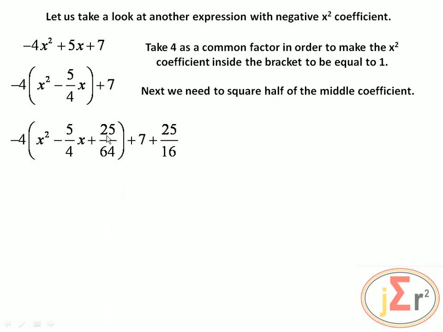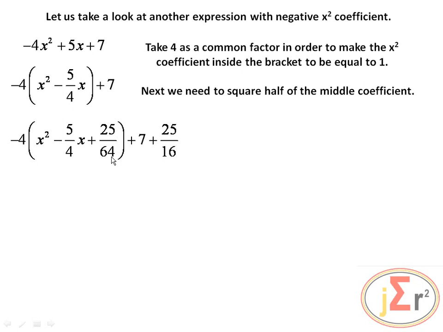And we are going to make our adjustment by saying we need to get rid of this 25 over 64 that was not there before. So we multiply by negative 4, and the 4 will cancel with the 64 to give 16. Remember that this is a negative value, so we need to get rid of negative 25 over 64.